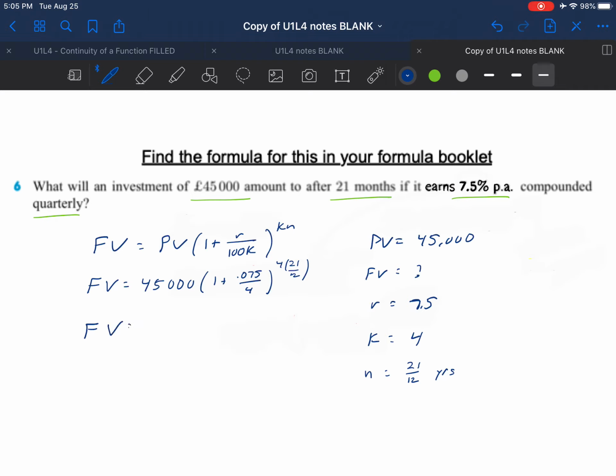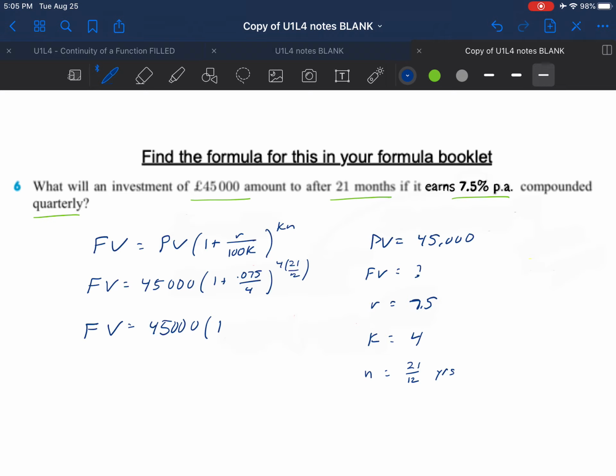So we know that the future value is equal to 45,000. Now I've got to run this on my calculator. Give me a second to do that. So let's see here. 0.075 divided by 4 is 0.01875 plus 1.